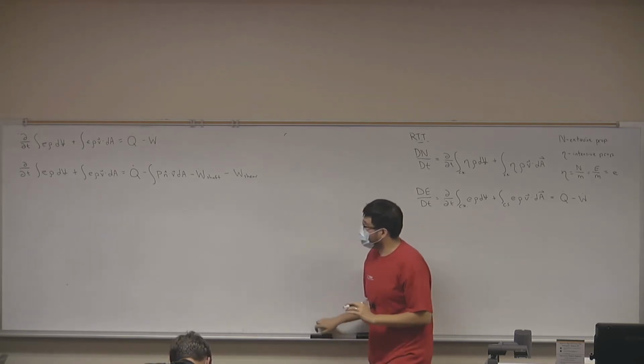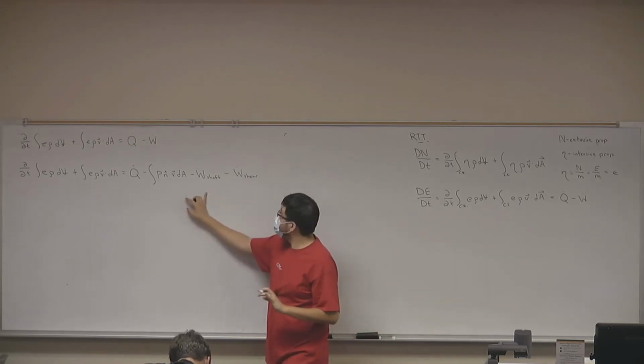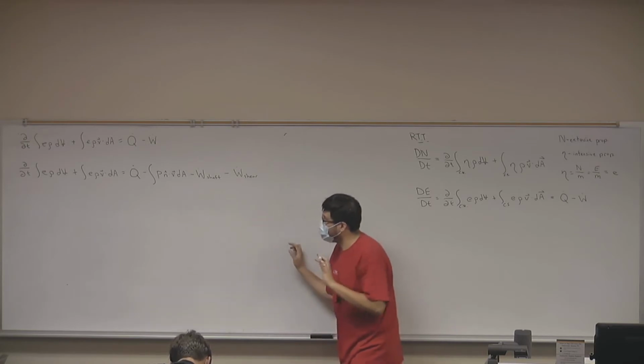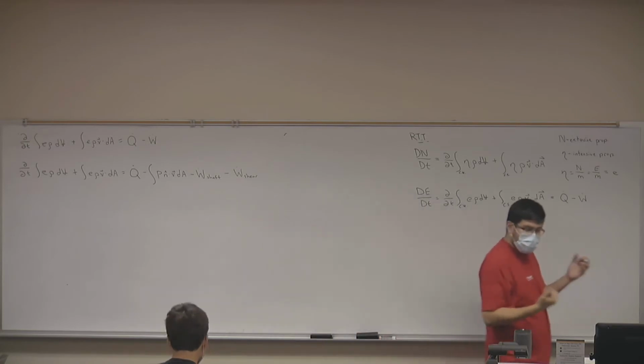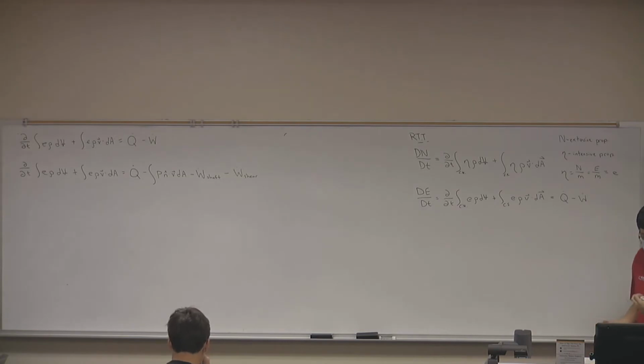Up to this point, is everybody okay with what I just did here? Okay, good. So we have the energy equation, but we're expressing our work in terms of pressure, shaft, and shear.